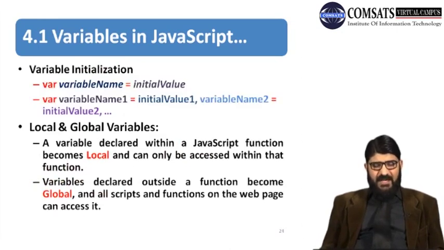Now, how to initialize a variable? See, the variable is declared, then the name of the variable follows a specific rule, and then it is given an initialization value. Initialization value is the value that is assigned as the first value at the declaration time for a variable.